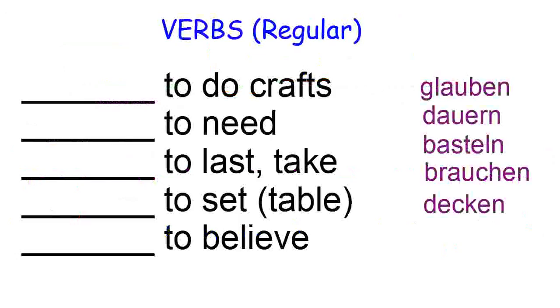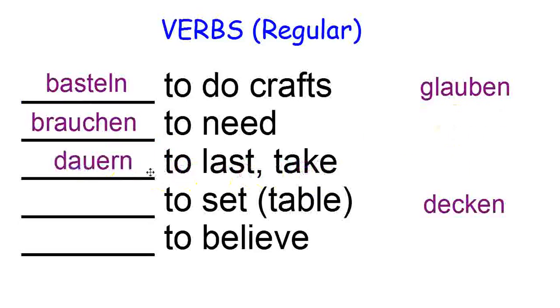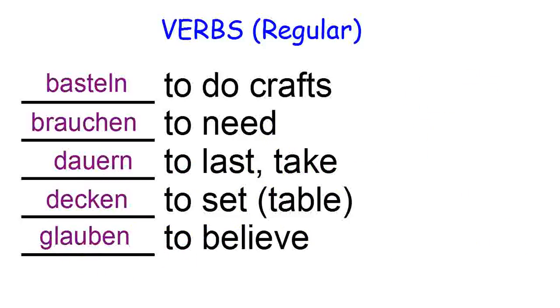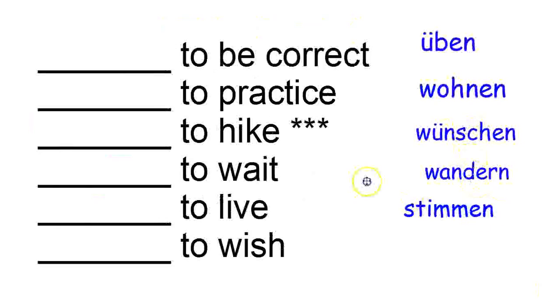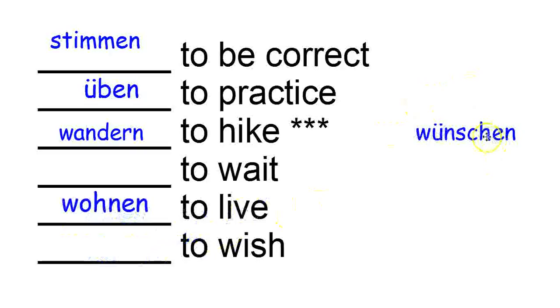So verbs you should know, these take the regular pattern. So basteln, brauchen, dauern, decken, glauben, stimmen, üben, wandern. I would write this one down. We're going to come back to why this is crazy in a second. Wohnen, wünschen.